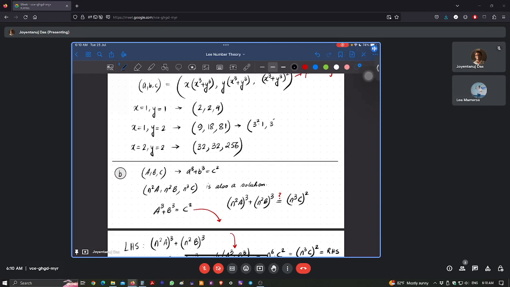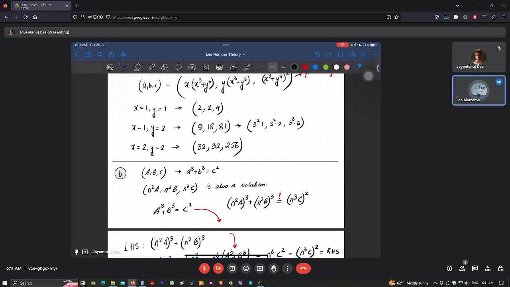This is 3 squared times 2, and this is 3 cubed times 27 into 3. So this is not a primitive, because n is either 2 or 3.